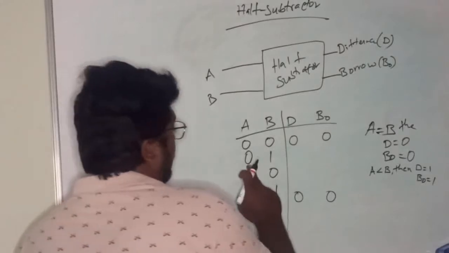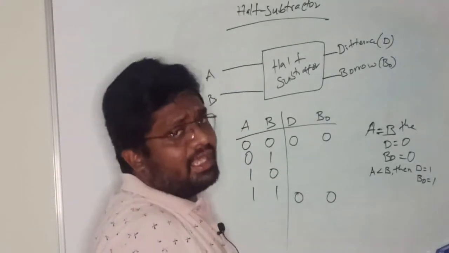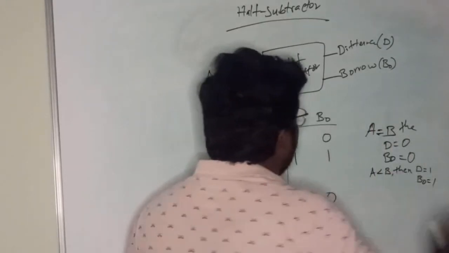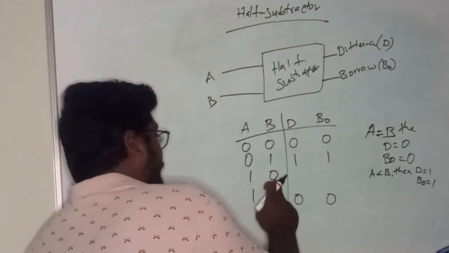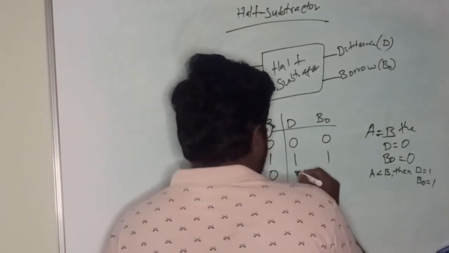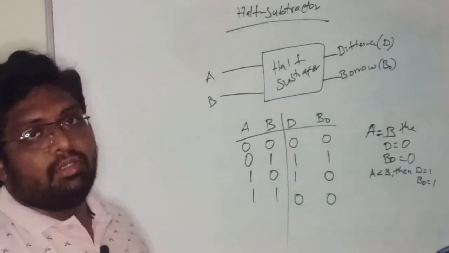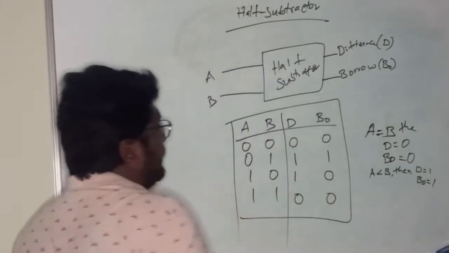When subtracting 0 from 1, the difference will be 1 and the borrow will be 0. So this is the truth table for the half subtractor.